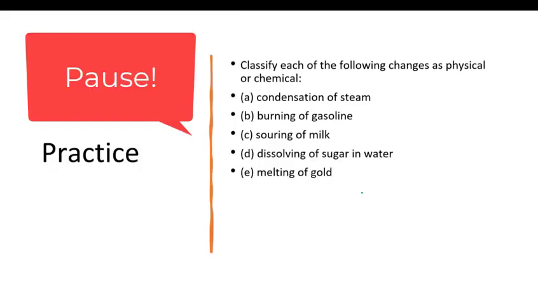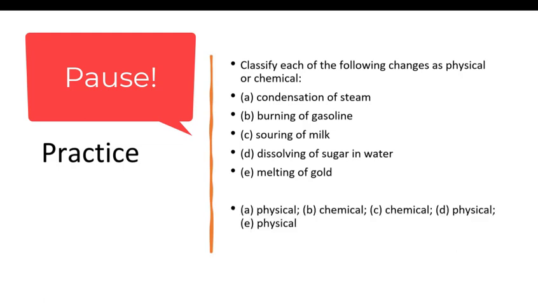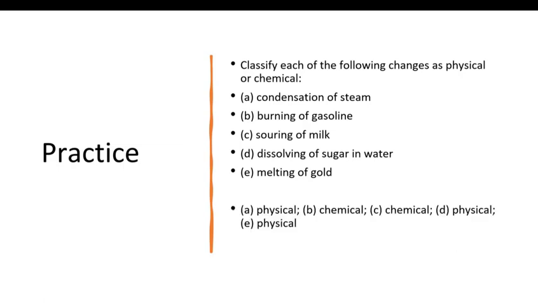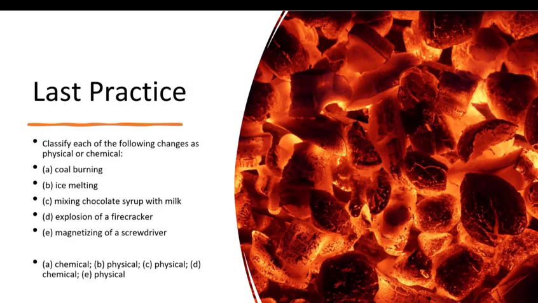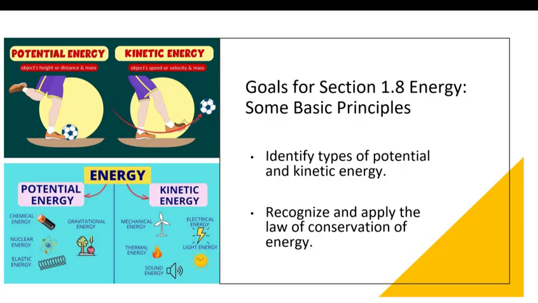Take a minute to classify each of the following changes as physical or chemical. So this one, you're looking at all of them and classifying them all. Hopefully you got those answers. Check these ones out. Classify each of the following. See how you did?